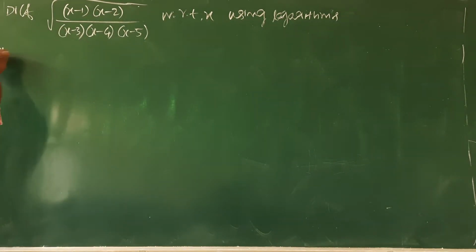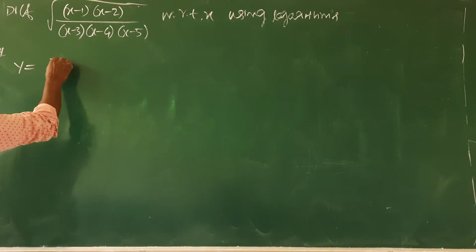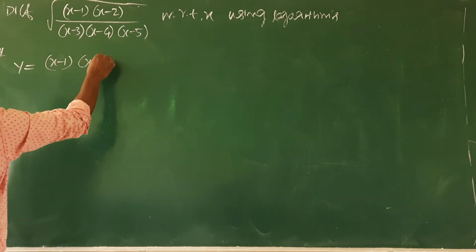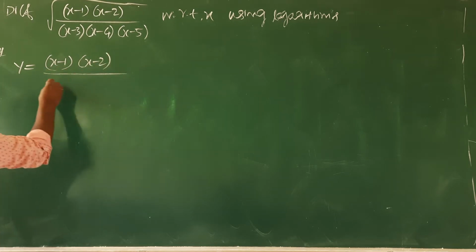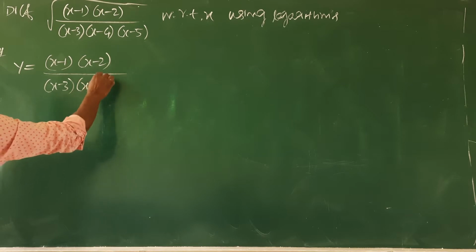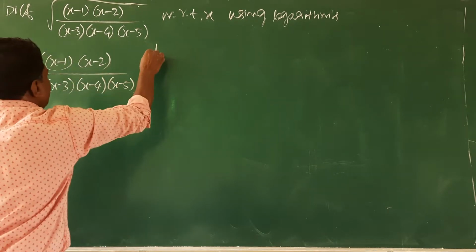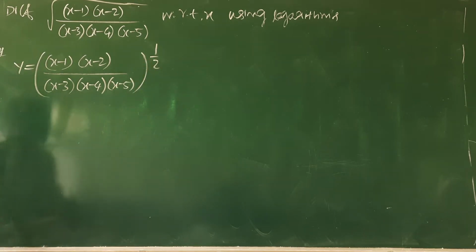Solution. Let y equals the square root of (x minus 1)(x minus 2) by (x minus 3)(x minus 4)(x minus 5), the whole power 1 by 2.